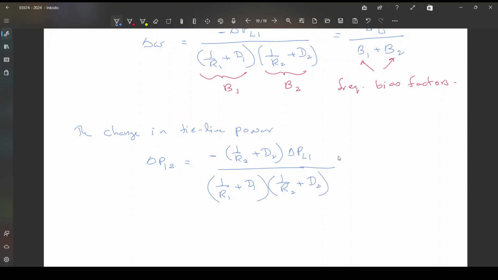You can derive these easily from the block diagrams and the equations that we have discussed. So this is equal to B2 over B1 plus B2 times minus delta PL1.